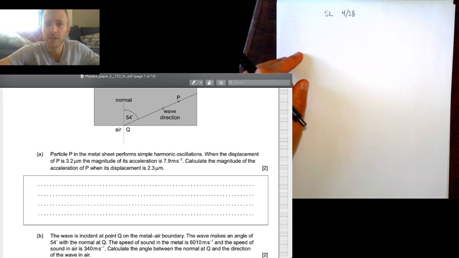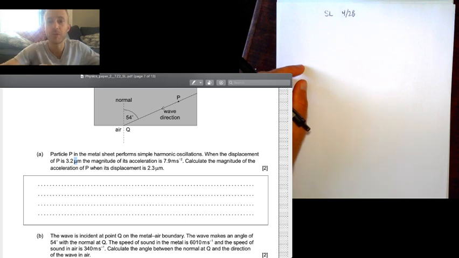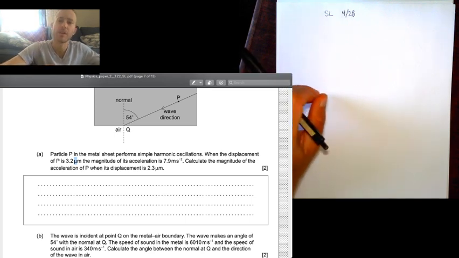When the displacement of P is 3.2 micrometers, that's what that u means, the magnitude of its acceleration is 7.9 meters per second squared. Calculate the magnitude of the acceleration when P is at a displacement of 2.3 micrometers.